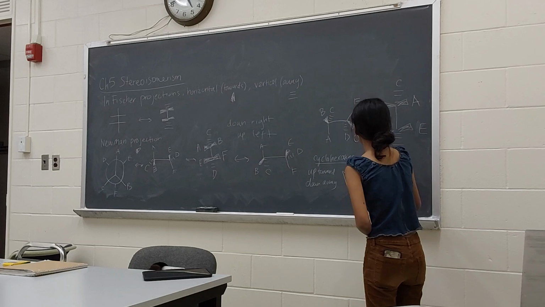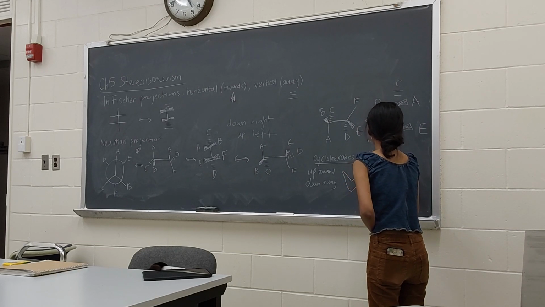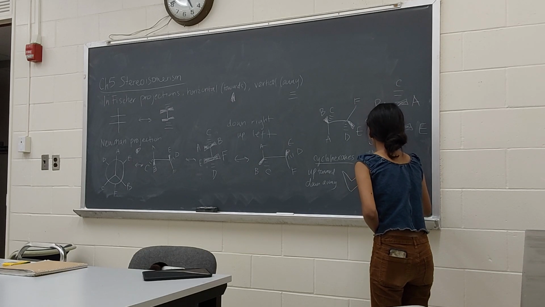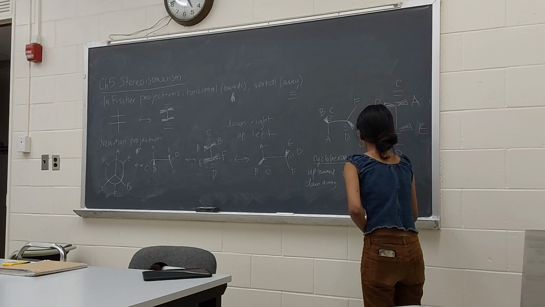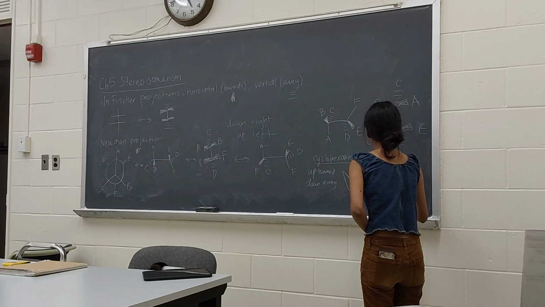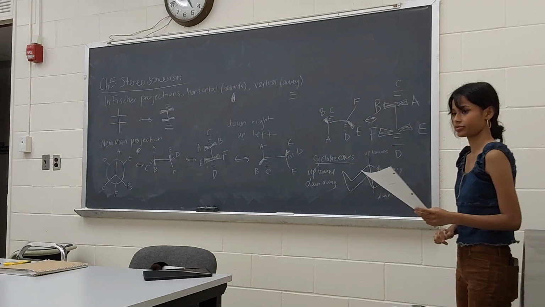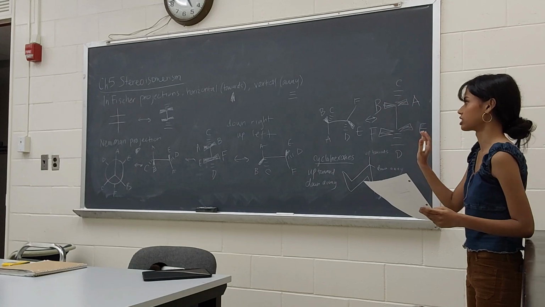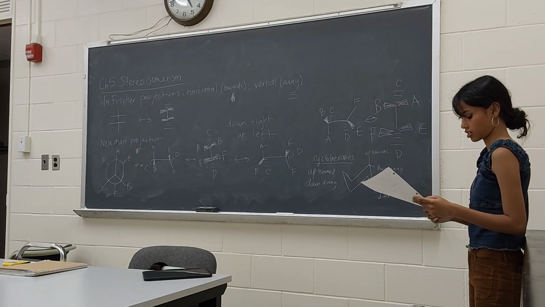If it's equatorial downwards, still away. And the same goes for if it's equatorial upwards, it's towards. Axial downwards, away. That's all the converting from different directions.